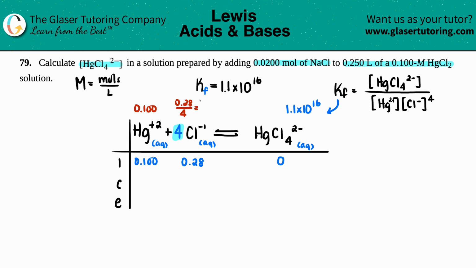If I do that, I have 0.28 divided by 4, that's 0.07. So on a limiting scale, this number is actually the smaller number. This is the larger one. So this is actually the limiting reagent. We're going to be subtracting from the chloride ion's values, not the Hg's.